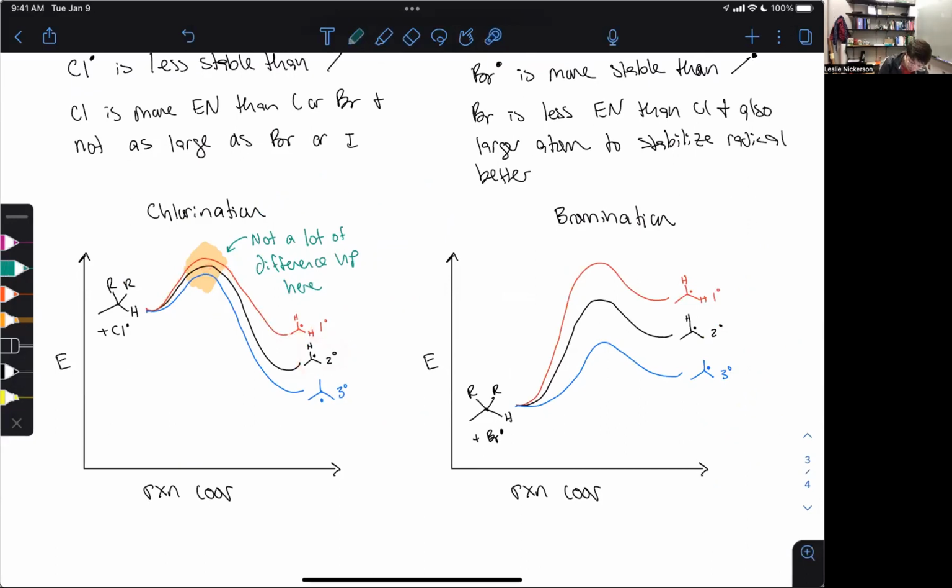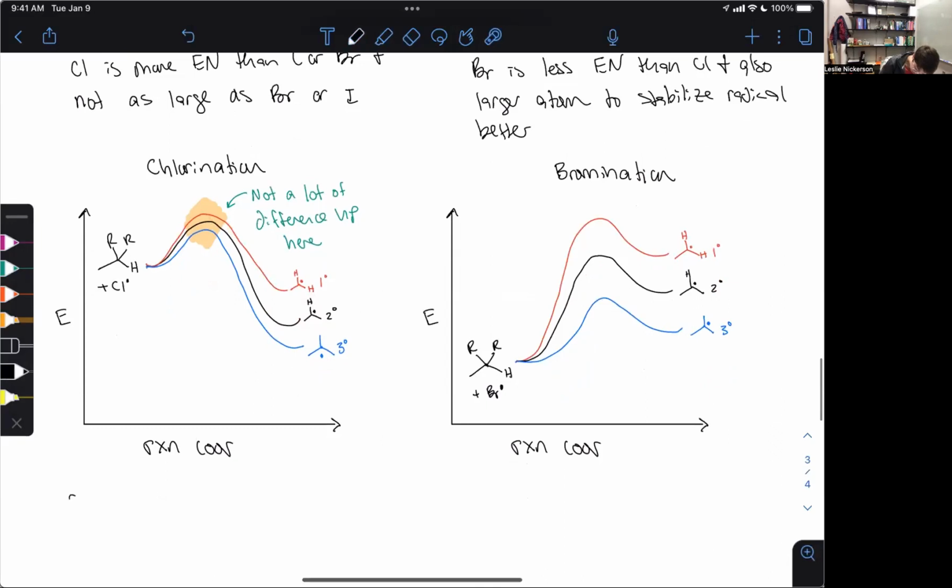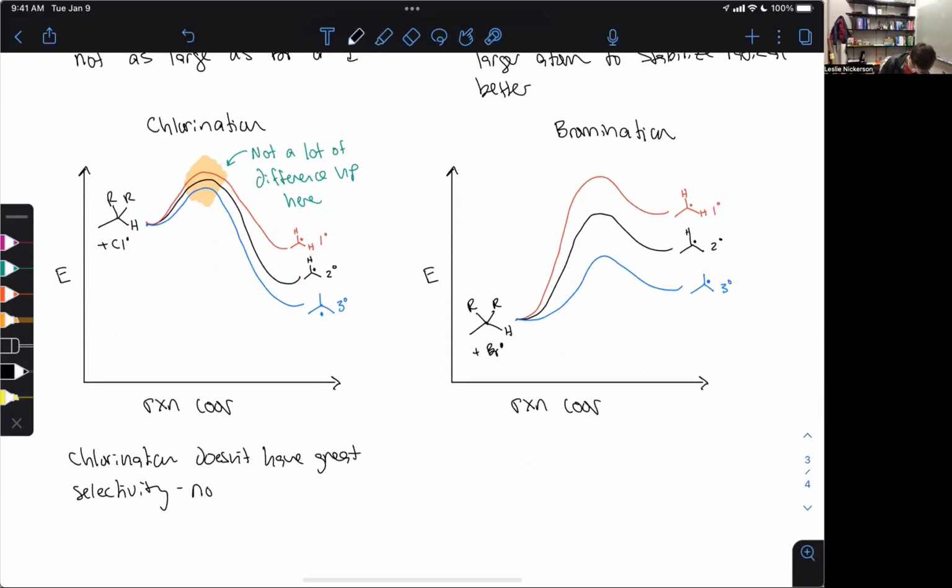Okay, so chlorination does not have very good selectivity, because we don't have good differentiation at that rate determining step. RDS transition state.